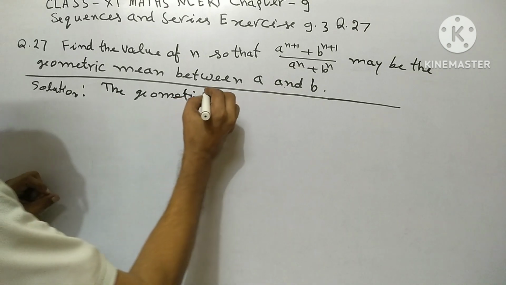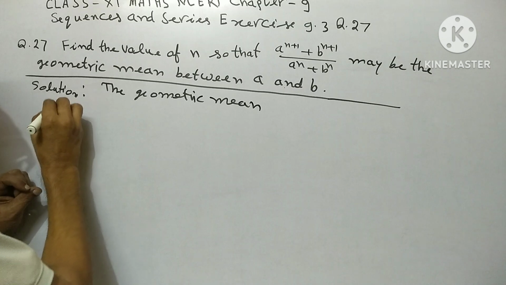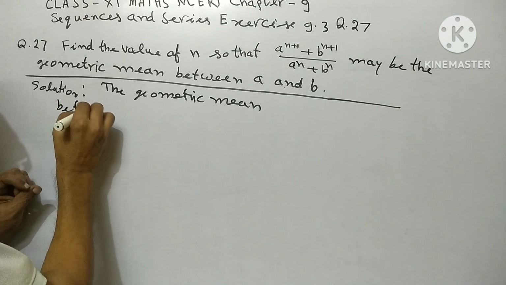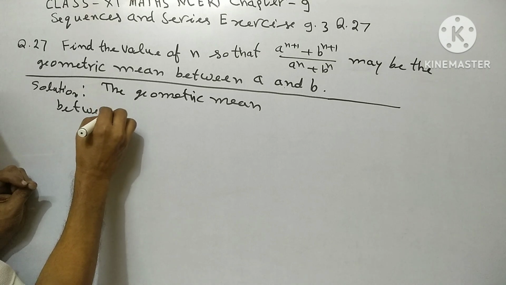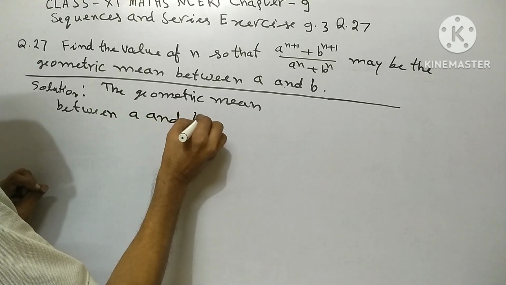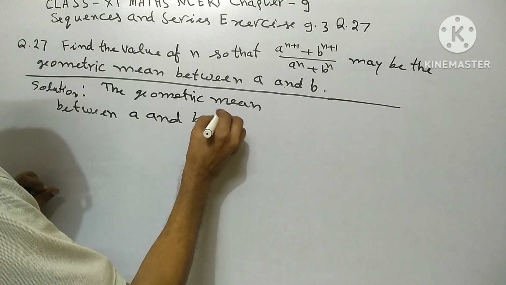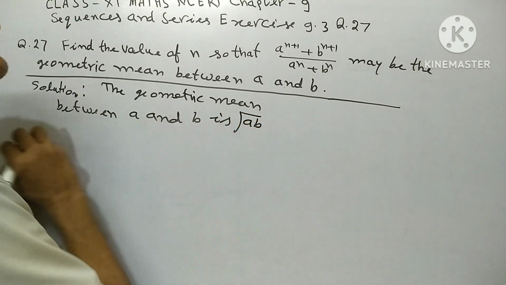The geometric mean between a and b is under root ab.